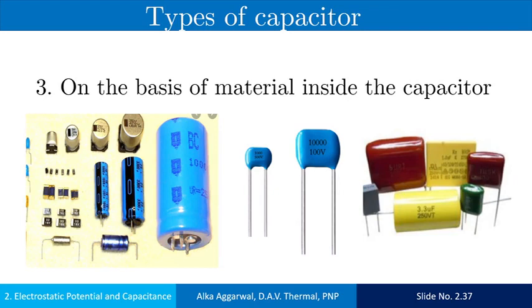An important point to note is that capacitor was previously known as condenser. Since it does not condense anything, it is a misnomer. Remember one important point, that capacitance is a property, whereas capacitor is a device which is used to store the charge.